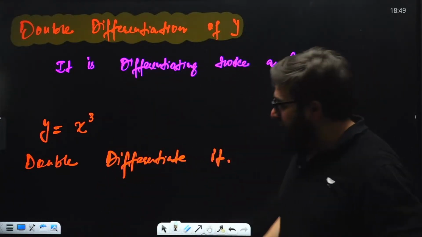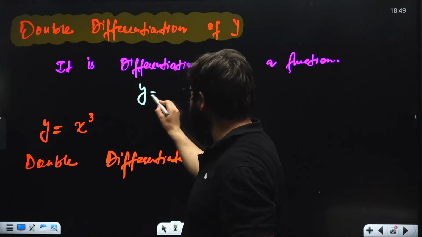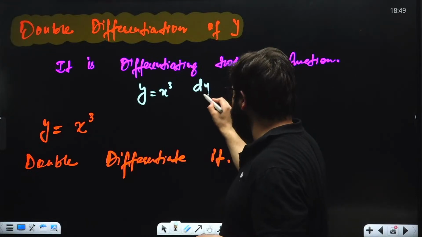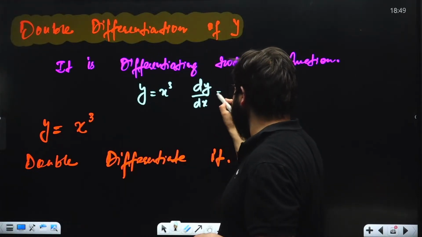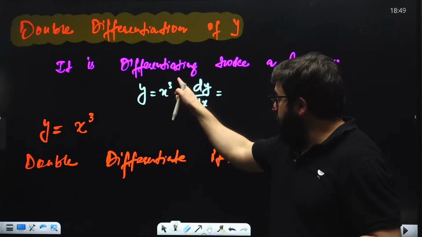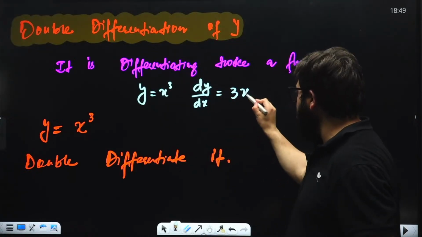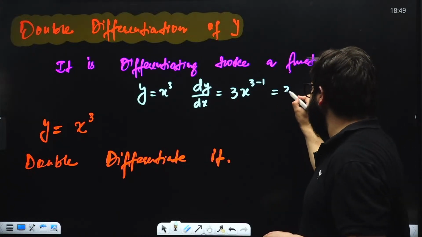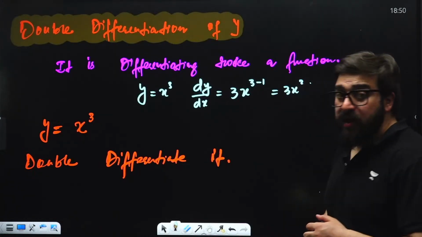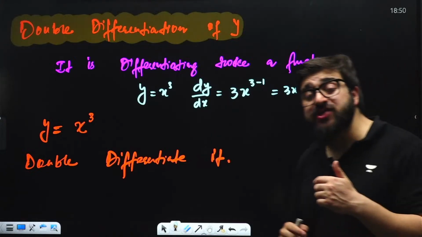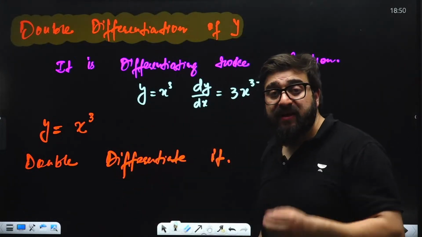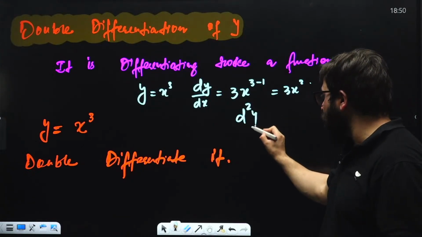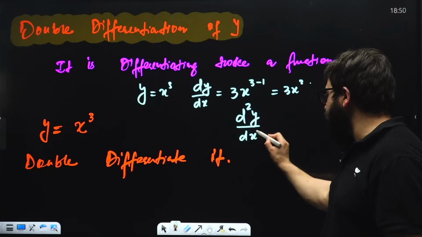Let's suppose you have y is equal to x cube and you have to differentiate it. dy divided by dx will be, power down, that is 3 down, x raised to the power 3 minus 1, so that will be 3x square. Now I want you to redifferentiate it, differentiate it once again. We write that as d2y divided by dx2.